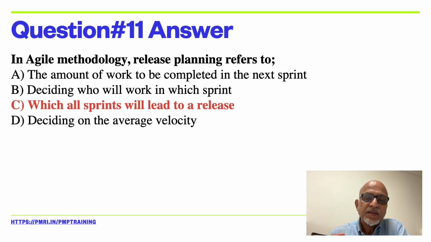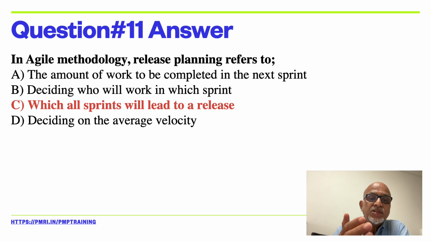So here the key thing is at the end of every sprint or iteration, we will be giving a demo of the product increment, but it is not mandatory that we'll make a release of the product to the customer. So a series of sprints or iterations ends up in a release.